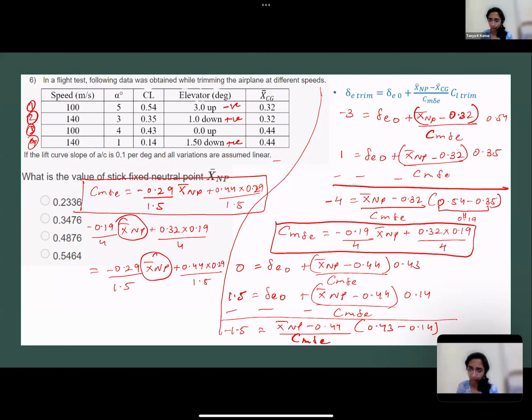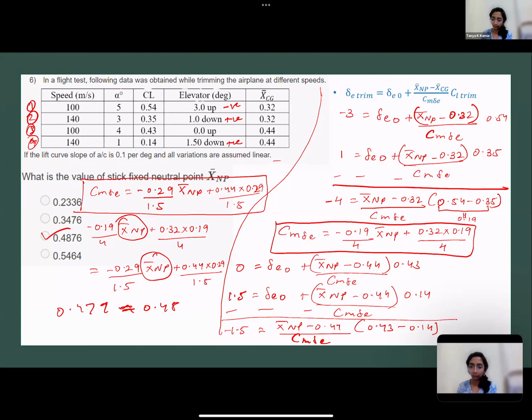I'm getting something around 0.479, which is almost equal to 0.48. This is the value. I don't think you get 0.487. The solution is wrong. So you get something around 0.48. Yes, that is true. Okay.